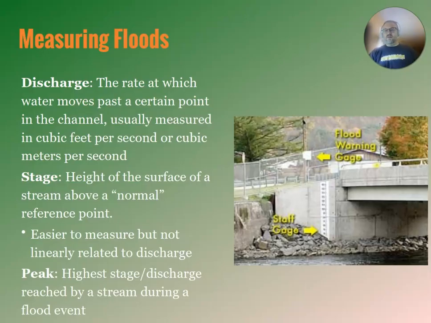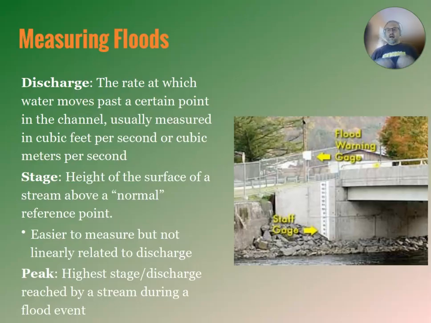The problem with measuring floods by their stage is that there's not a neat linear relationship between discharge and stage. With discharge, we're looking at the actual volume of water that is coming through. With stage, we're looking at how high the surface is.